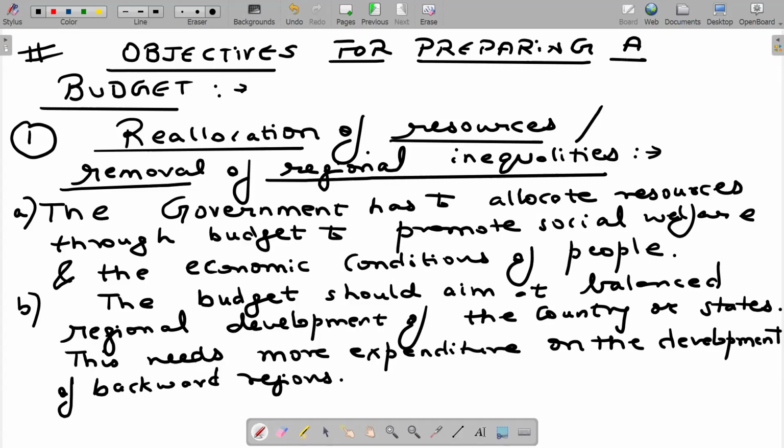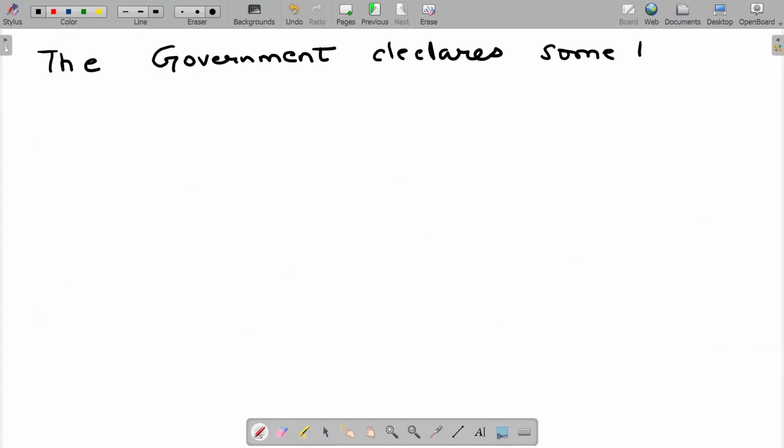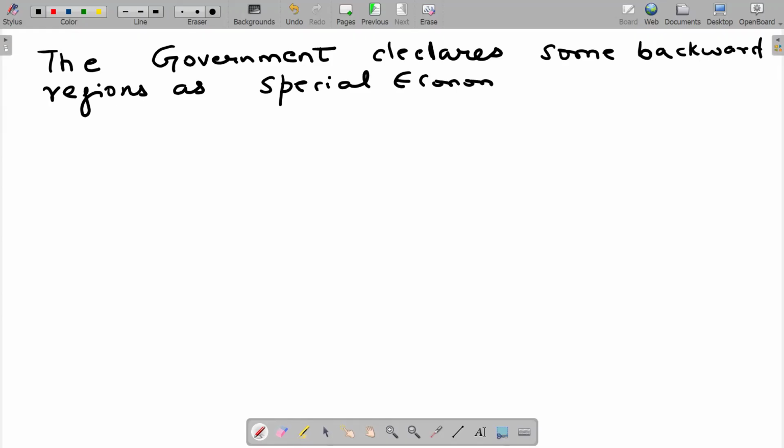So let's talk about that. Coming to the next page, within point number B, I can write that the government declares some backward regions as special economic zones, and provides special facilities.